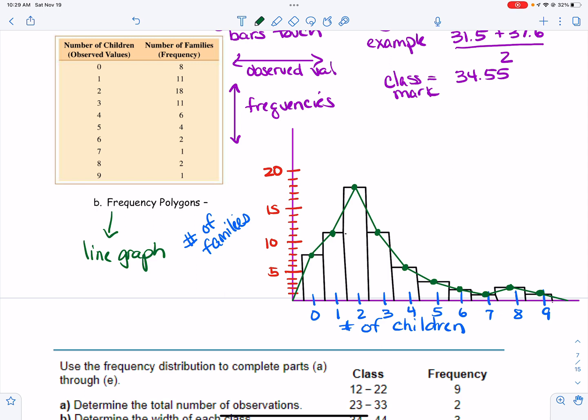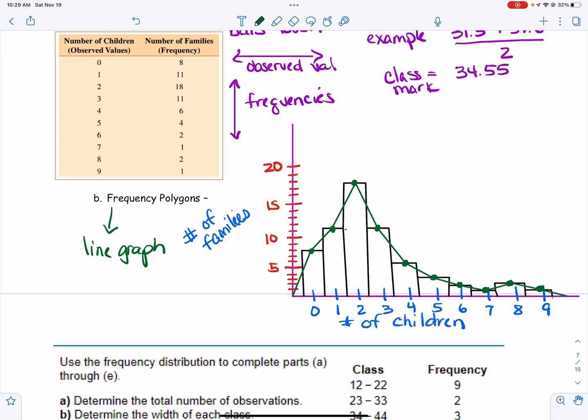And so that's what it looks like for the frequency polygon.